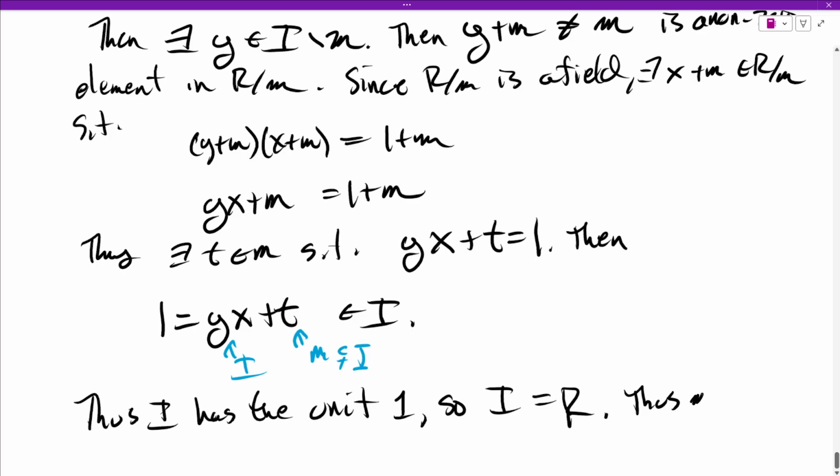Thus, M is maximal, and that's the end of the proof. So when you quotient by maximal ideals, you get fields. And if you've quotiented by something and got a field, you must have quotiented by a maximal ideal.